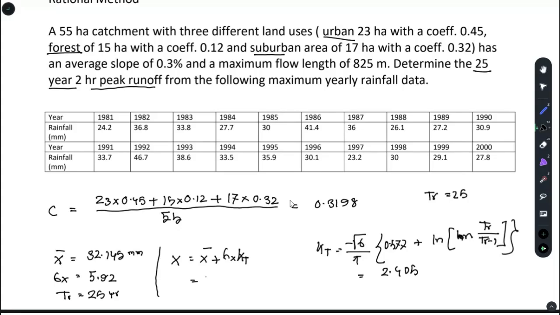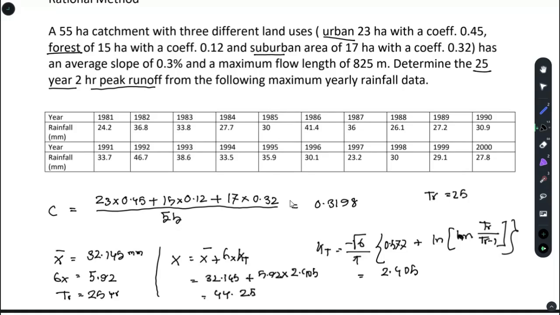So you have everything in your hand. You have X bar of 32.145, you have sigma X of 5.92, and you have KT value of 2.405. So from there you can find out the X value, which is 44.25. But this is for 2 hour rainfall, and you got to find it for 1 hour.